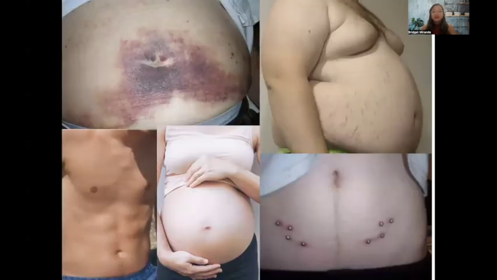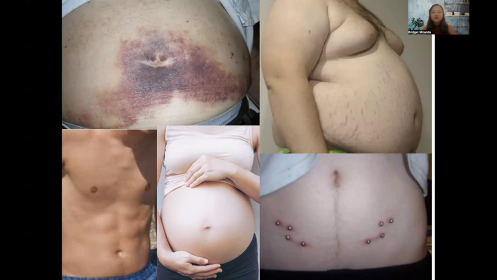Here are some examples of other types of abnormal findings, or findings that are just not expected. And so take a look at these things. You might see some purpura, which here is a Cullen sign, which is a sign of liver damage or disease.